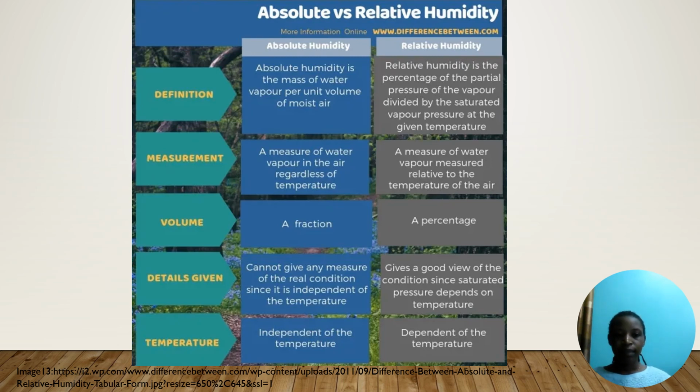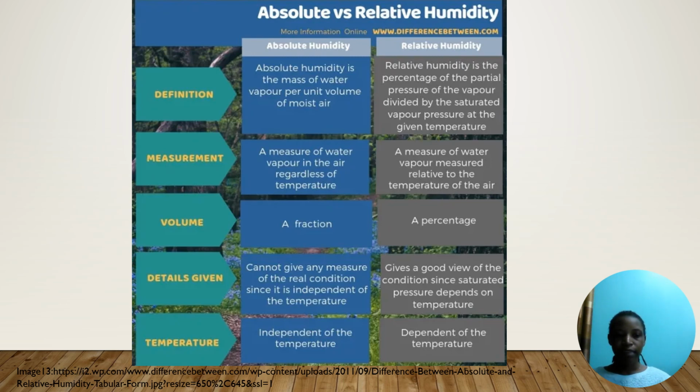The third difference is about the volume. On the side of absolute humidity, volume is a fraction, while on the side of relative humidity, volume is a percentage.